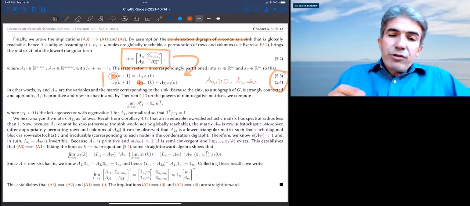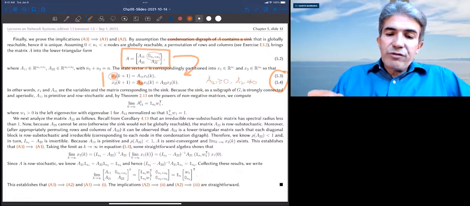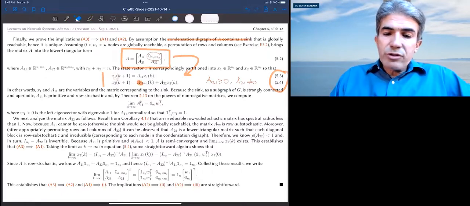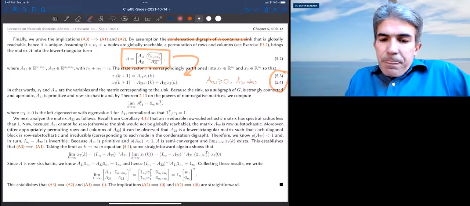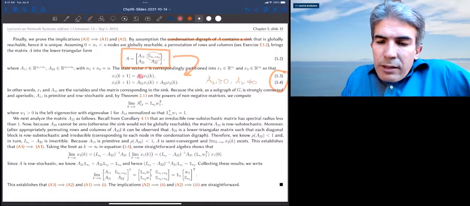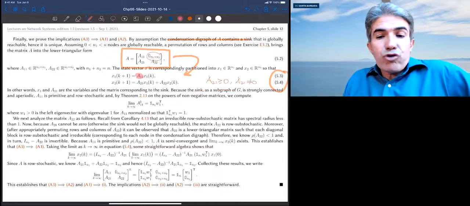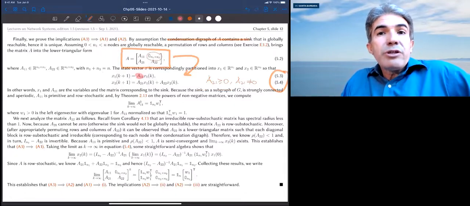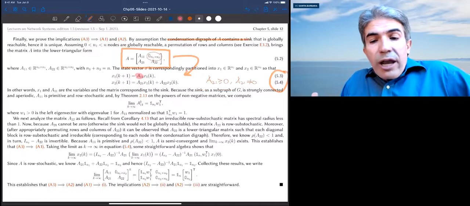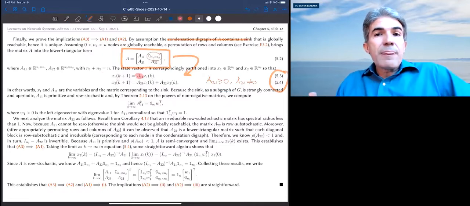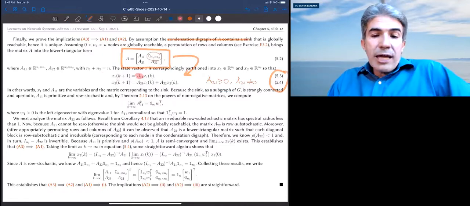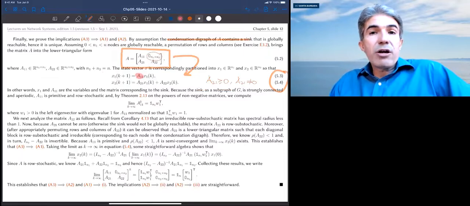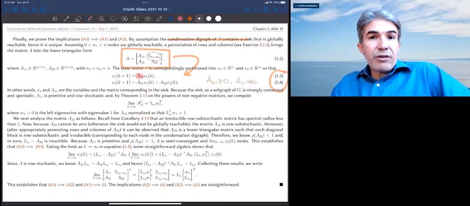Now, if you look at this dynamics, so far this was a first simple observation. Here's a second simple observation before I go to the more substantial one. A11 has to be row stochastic because the matrix A is row stochastic, and when I do the row sums of A, the first entries are going to be row sums of A11. So A11 is row stochastic, and it corresponds to a strongly connected subgraph. Therefore, it's irreducible.